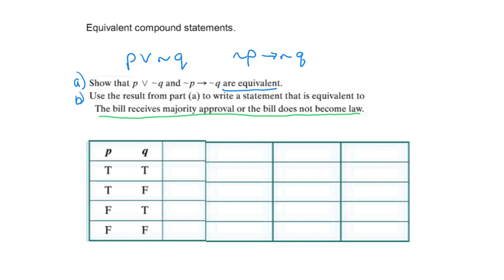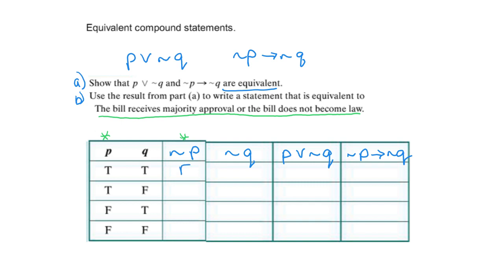I need a not P for the second compound statement, and I need a not Q for both of those statements. I'll take the first statement, P or not Q, and we're going to compare this column with the next column, if P, then not Q. In order to fill out the not P column, we focus again on the P column and we write the opposite.